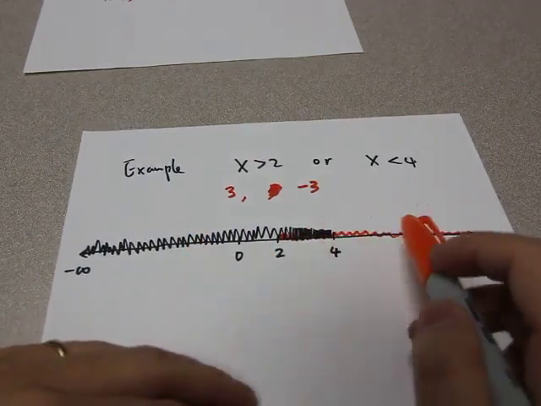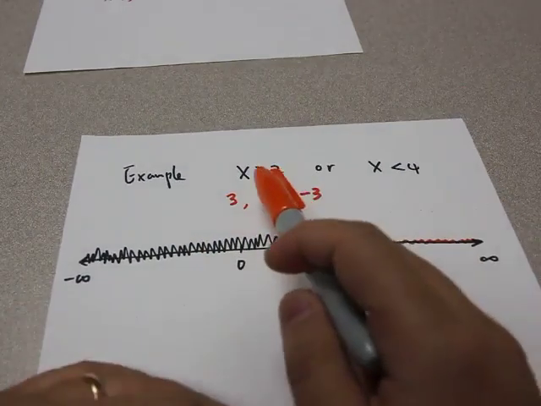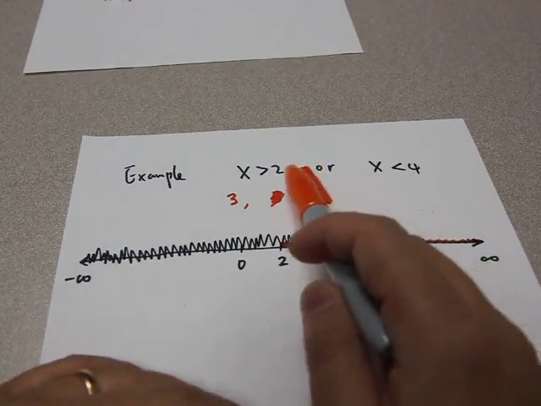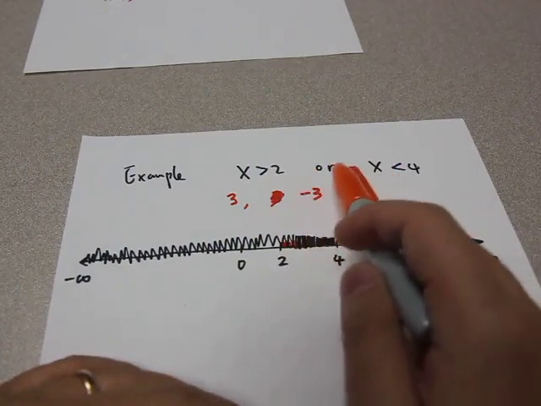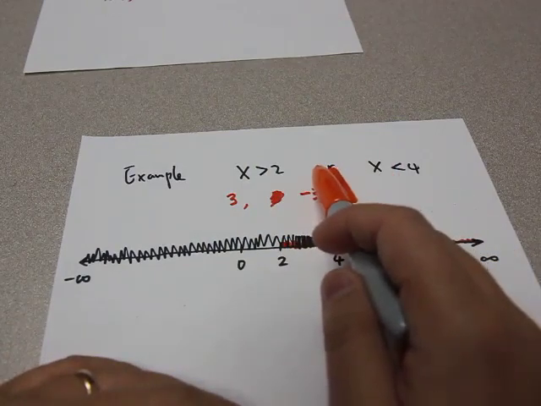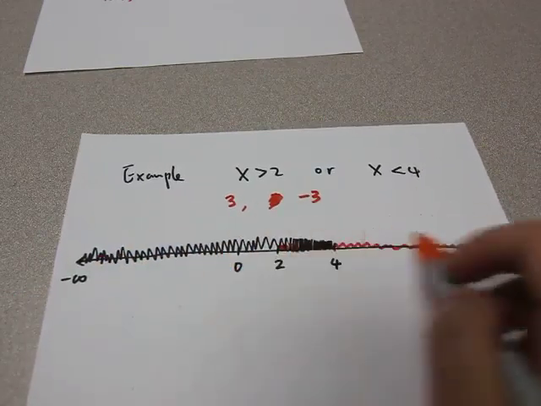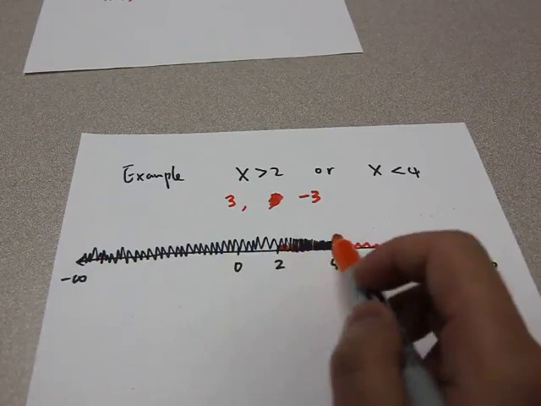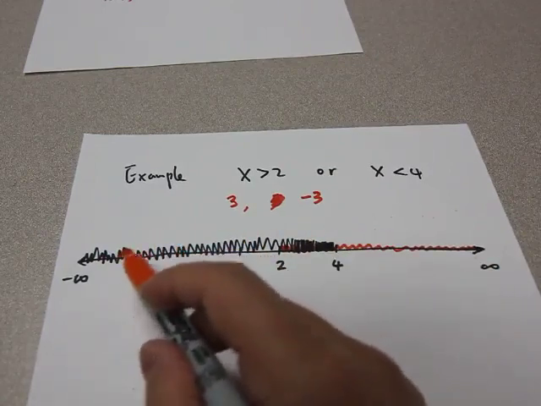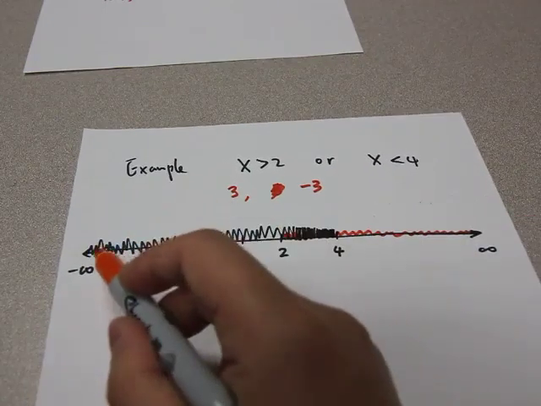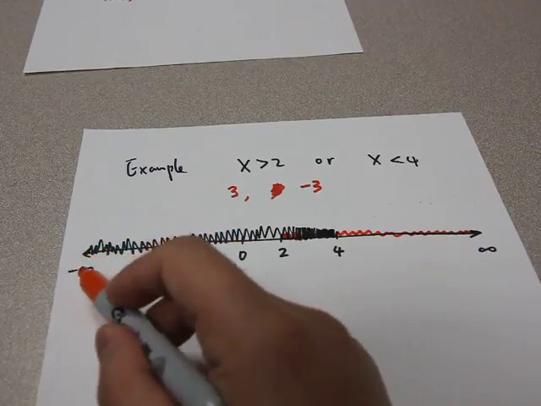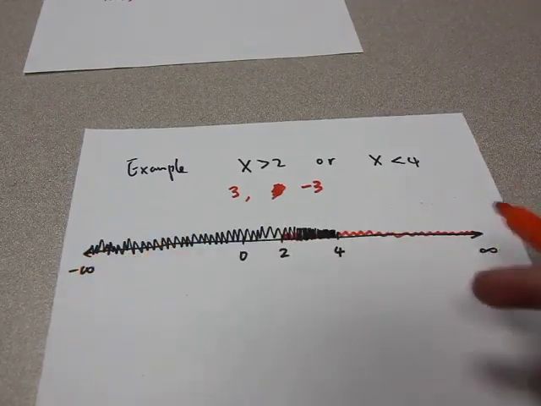Now once we get this graph, since the compound inequality we're solving is connected with "or", the answer will be everything we just covered. So the answer will be any number from negative infinity to positive infinity.